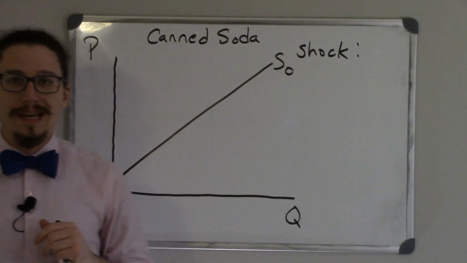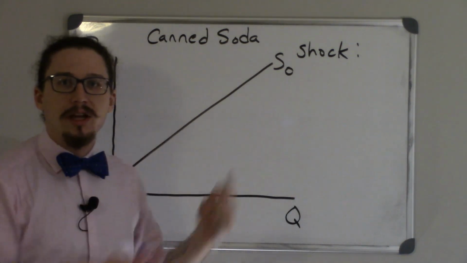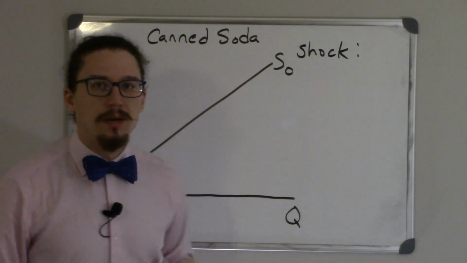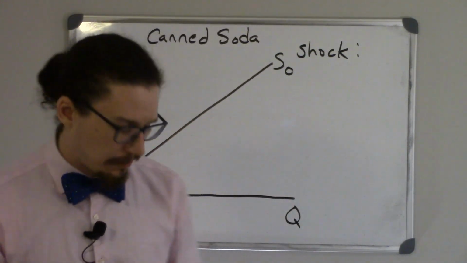We want to label it, notate it with a capital S, and if we are going to be shifting curves and showing these curves being shifted, we need to give it a subscript so you know what's the original curve and what's the curve after the shock.